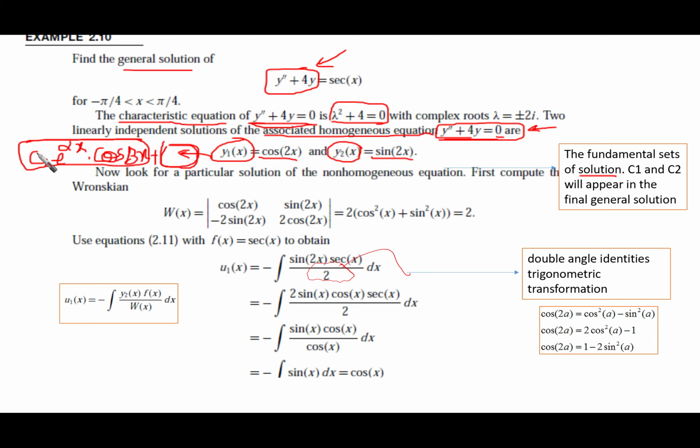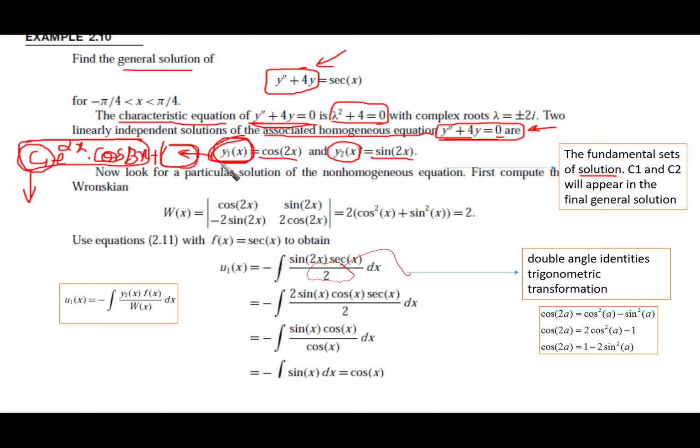So here, e to alpha x, you're going to find alpha is going to be 0, so e to 0 is going to be 1, and C1 here is going to be used at the end of the final general solution equation. So this means that you are going to find one solution, which is y1 of the associated homogeneous equation. This is going to be cosine beta x. Beta here is going to be 2. As I said, this characteristic equation's roots are complex, and you are going to find that beta equals 2 and alpha is going to be 0.